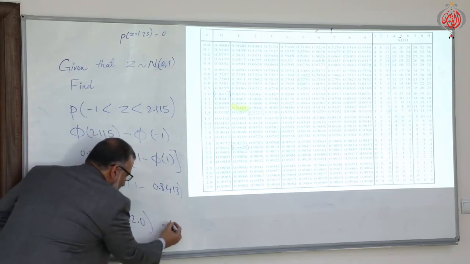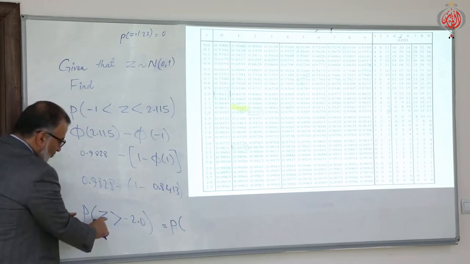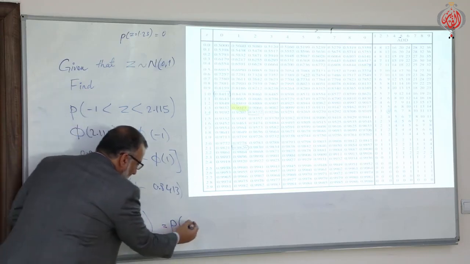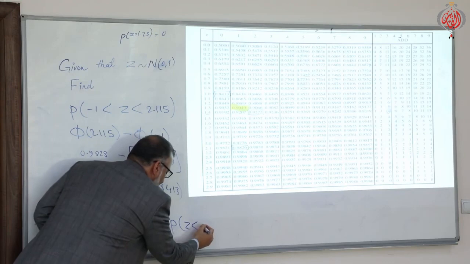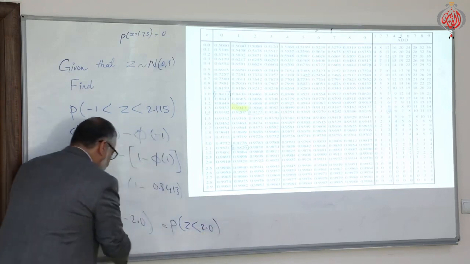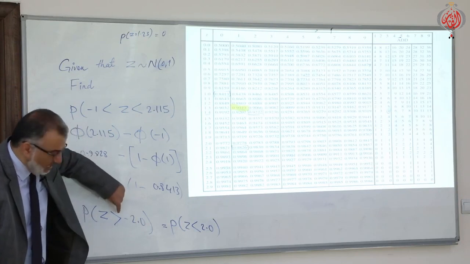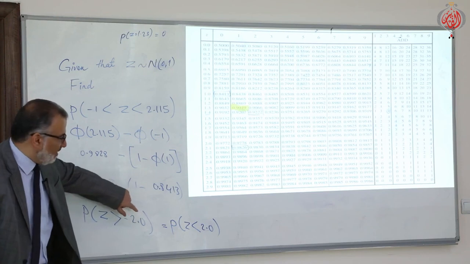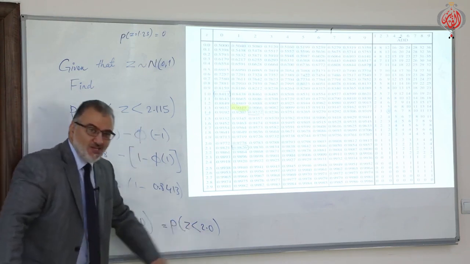So this one is equivalent to, switch both. Z less than 2. If you have the sign negative, switch it. This is equivalent to that. By switching the sign, the direction of the inequality and the sign of the number, both together. So what do you have here? I have now 2 positive.